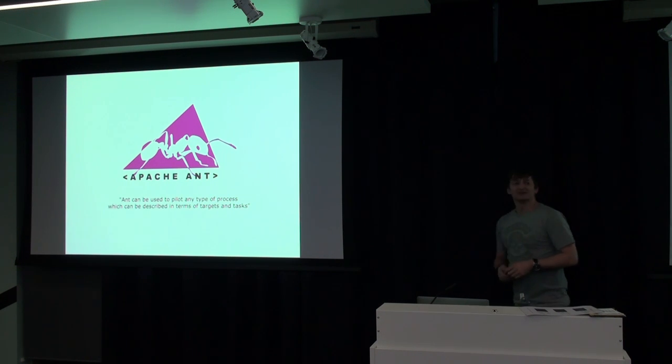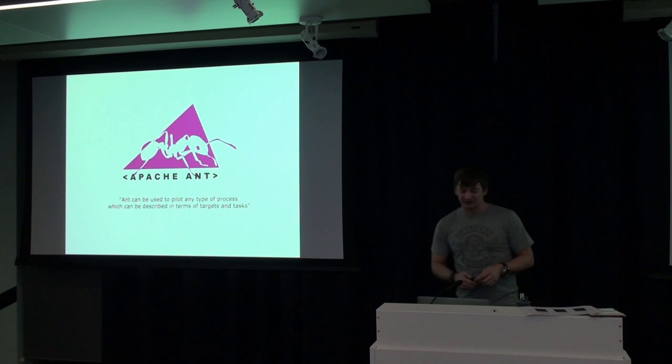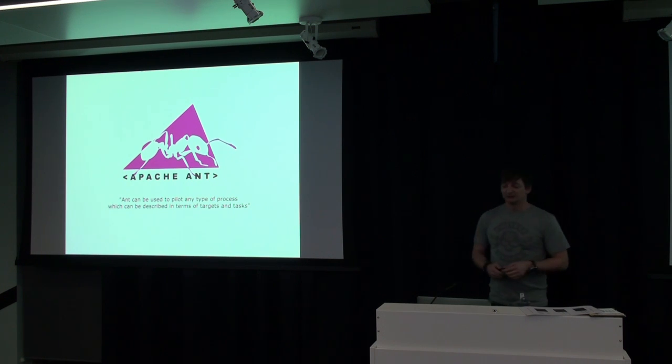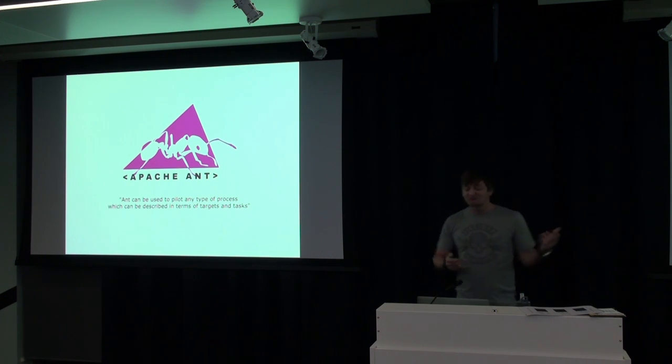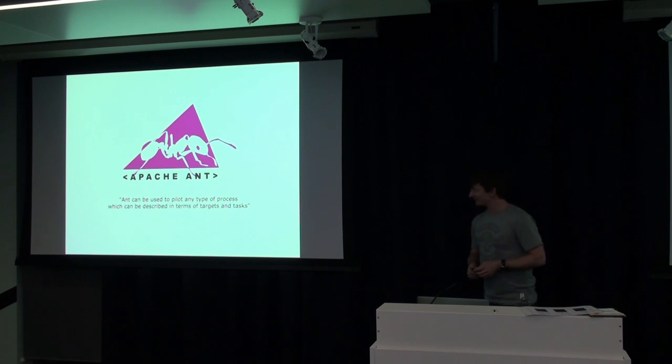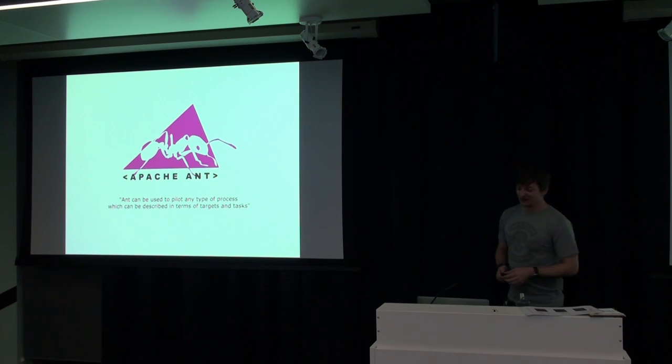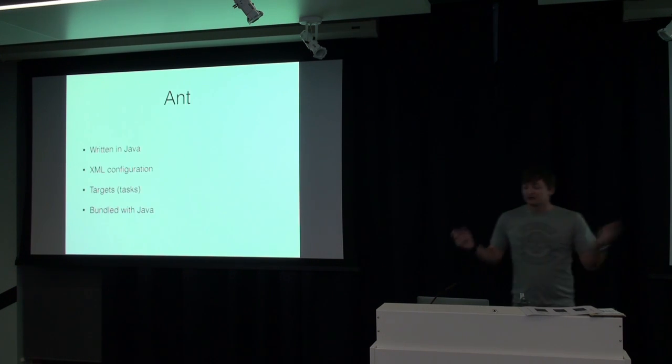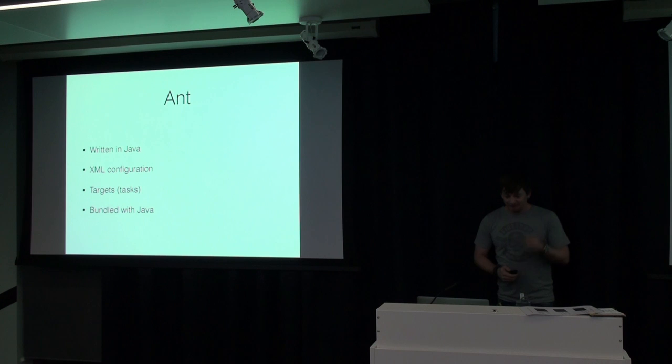I started with Ant, and I'm quite happy with it. It's really working nicely. It's not the latest shit, I would say, but like I said, it's working and it's doing its job. And it has some nice advantages we will see later. So what's Ant? Ant is written in Java.